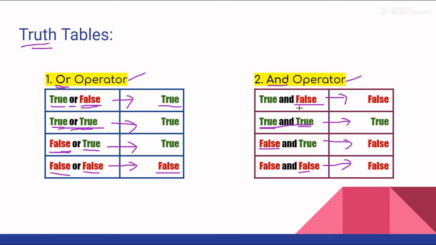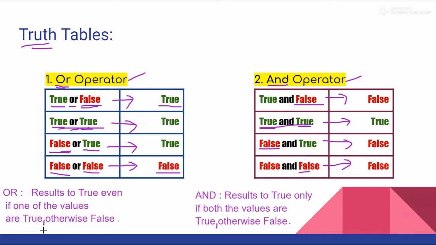This is AND. Now for the OR operator, the result will be true even if one of the values is true, otherwise false. So basically both the values should be false to make the whole expression false, as we know, right?